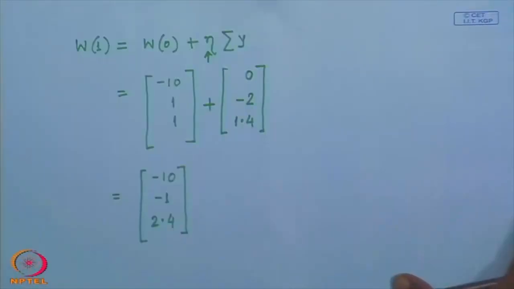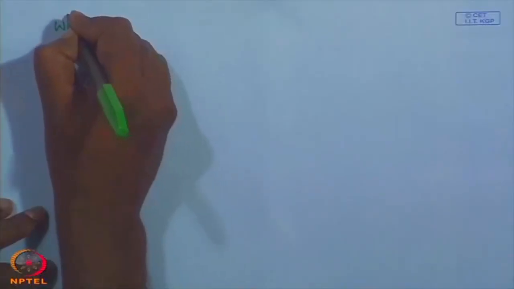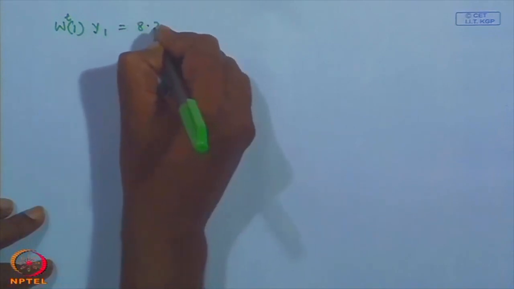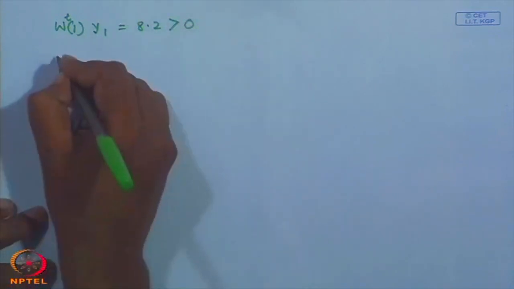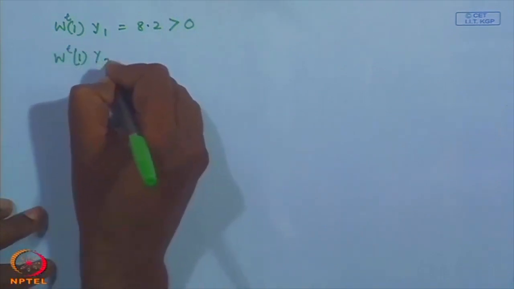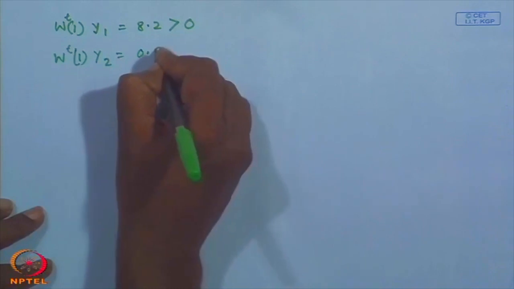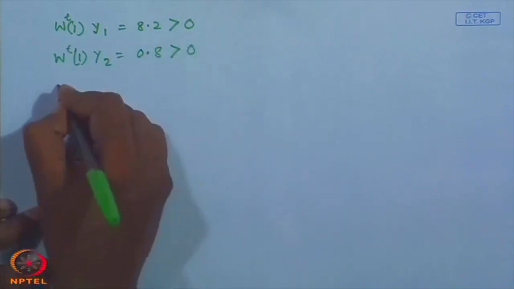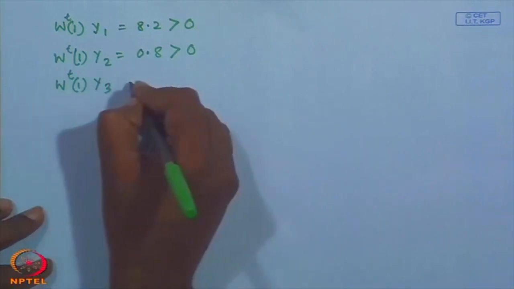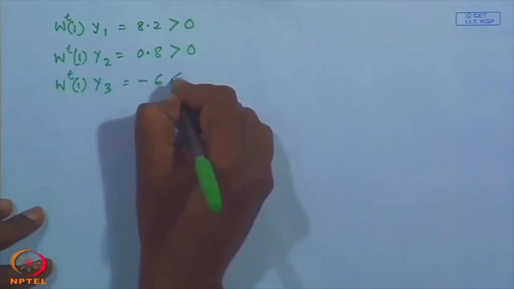So, if I compute this, you will find that W1 transpose y1 will be 8.2, which is positive, W1 transpose y2 will be 0.8, which is also positive, W1 transpose y3 will be minus 6, which is negative.